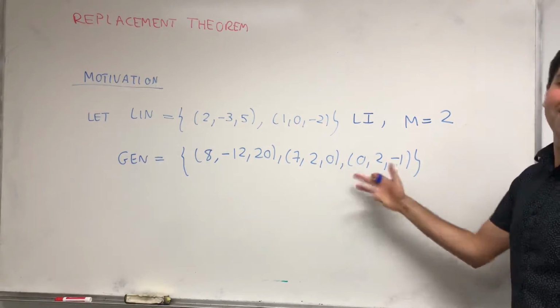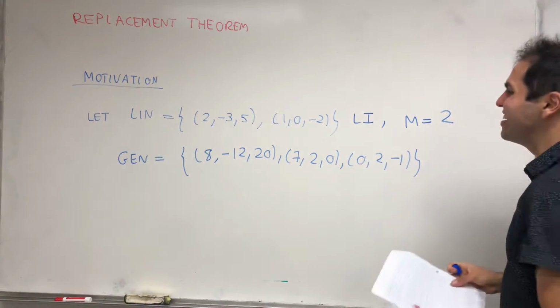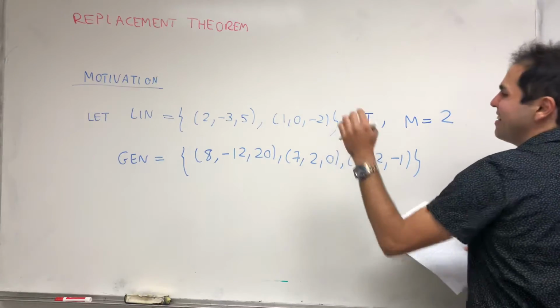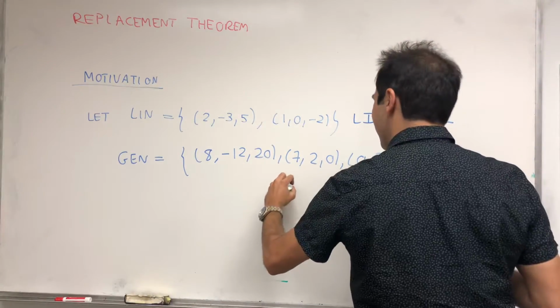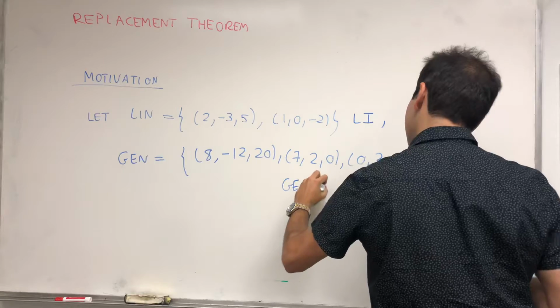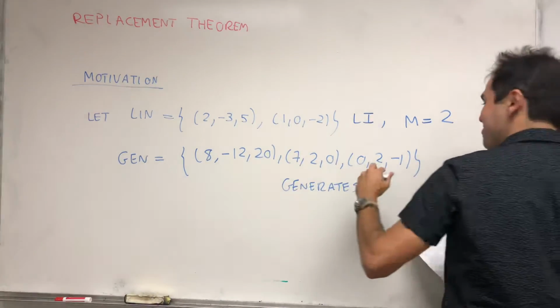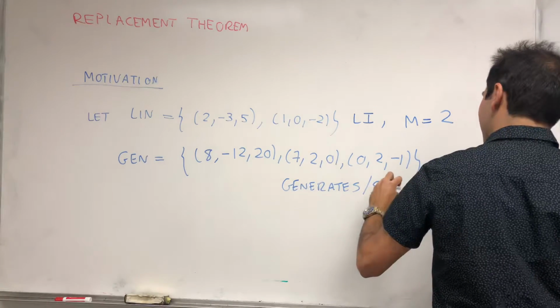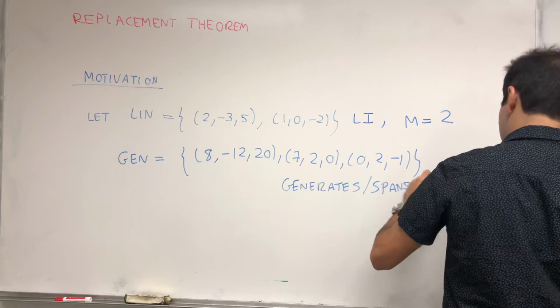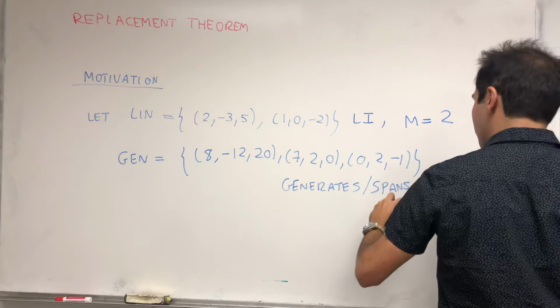Not like Gen Korean barbecue, which is delicious, but gen as in generates or spans, because it's the voice of my generation. It spans R3, and this has 3 elements.